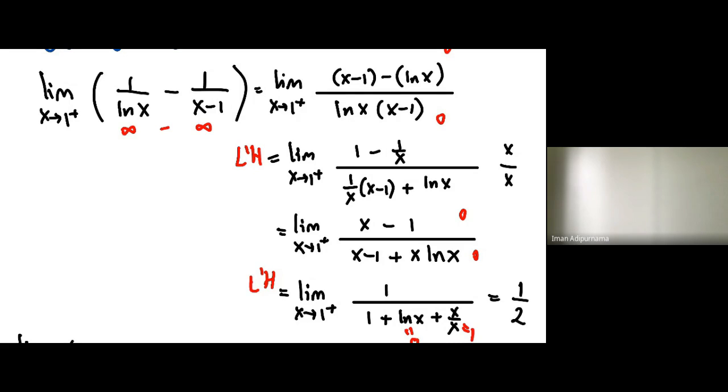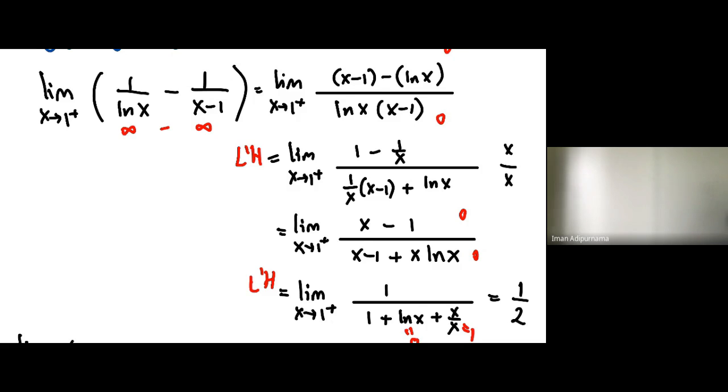We see the evaluation is 0 over 0. Oh, we can use L'Hopital. We take some calculations, and we see that it's still 0 over 0. One more time, L'Hopital's rule, and then we have the result 1 over 2. So this is an indeterminate difference: infinite minus infinite.